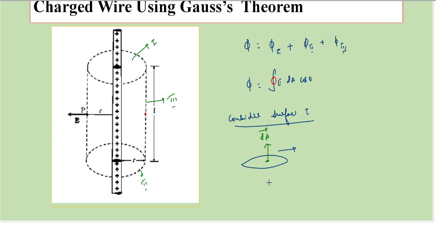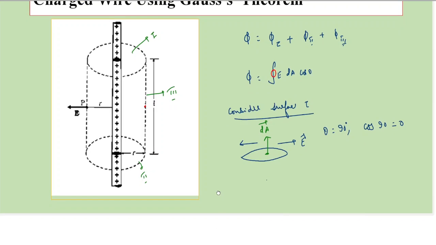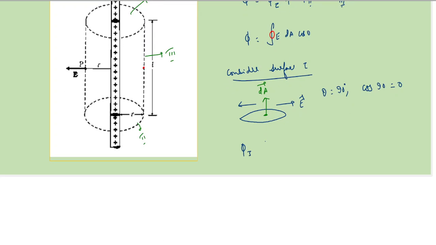If you assume that somewhere here is the charged wire, then the field goes out like this. Or if you look at this part of the wire, the field goes out like this. So the angle between the electric field and area vector here is 90 degrees, and then cos 90 is equal to 0. Therefore the flux through the first surface is E dA cos 90, which is equal to 0.